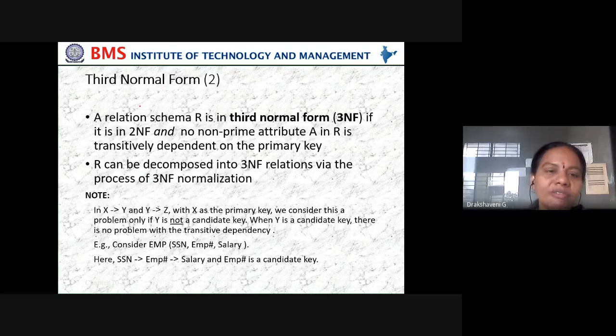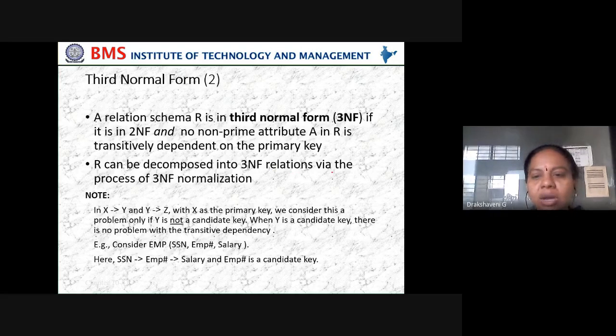So the third normal form: a relation schema R is in third normal form if it is in second normal form and no non-prime attribute A in R is transitively dependent on the primary key. R can be decomposed into 3NF relations via the process of 3NF normalization.